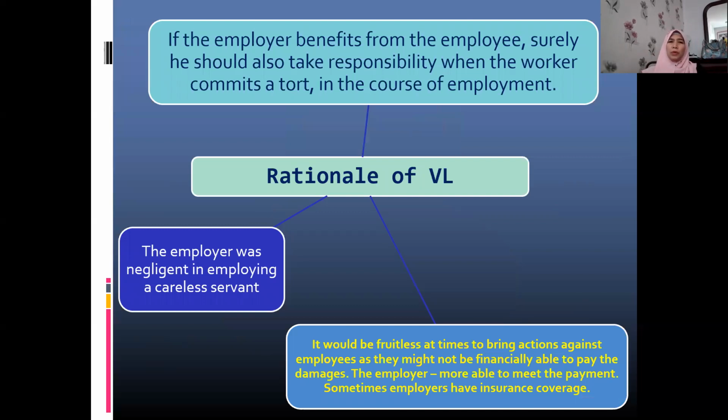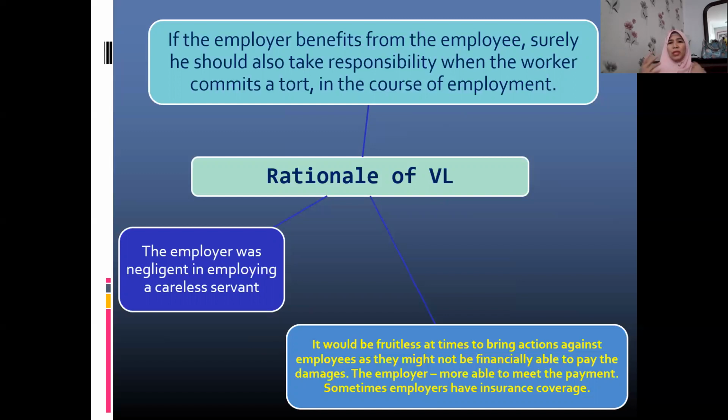Before we go to further discussion on the requirements, we want to know the rationale of having the rule governing vicarious liability. There are quite a number of reasonings, of justifications for having such a rule of law. One of them is that if the employer benefits from the employee, surely he should also take responsibility when the worker commits a tort in the course of employment.